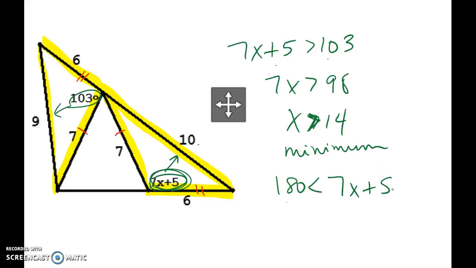So I'm setting up a second inequality to figure that out. Minus 5. So 175 less than 7x. 175 divided by 7. So 25. So x has to be between 14 and 25. That way these angles will actually make sense inside the picture.